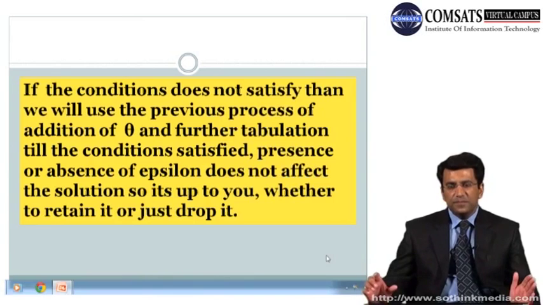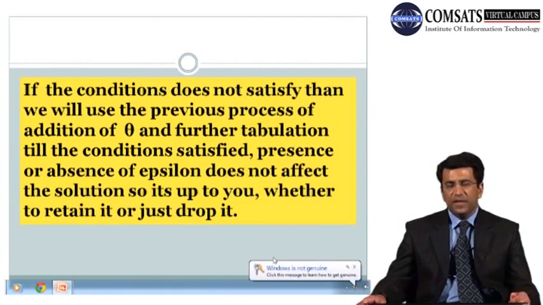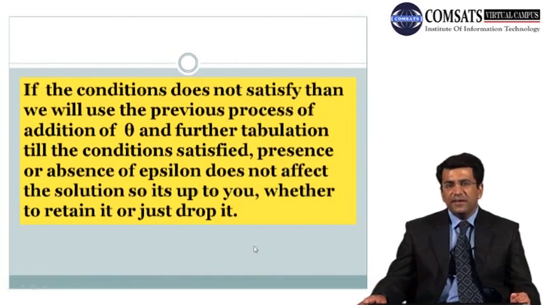You will have to find the shadow cost which is positive, and if the shadow cost is positive for more than 2 cells, then you will find the maximum positive shadow cost for a particular cell, and again find the particular loop by introducing that theta.